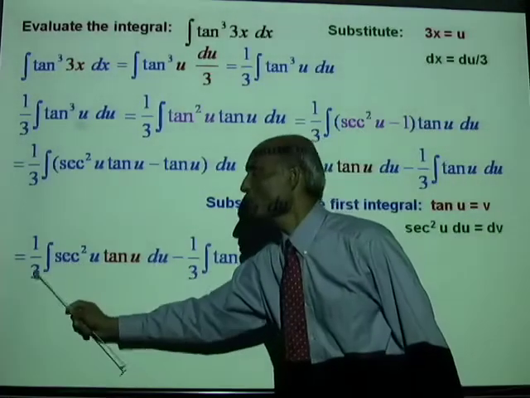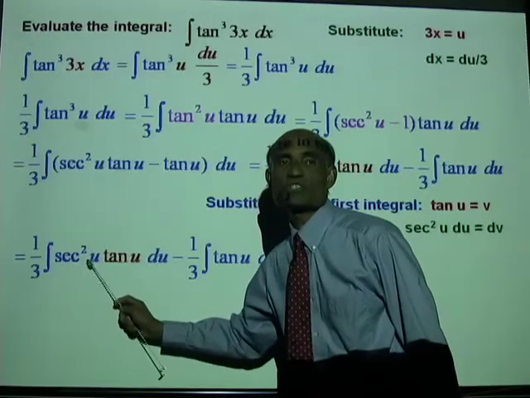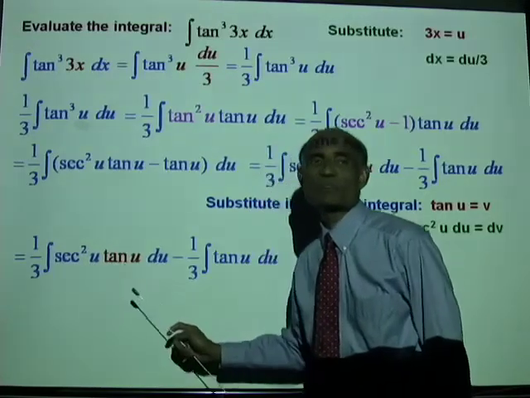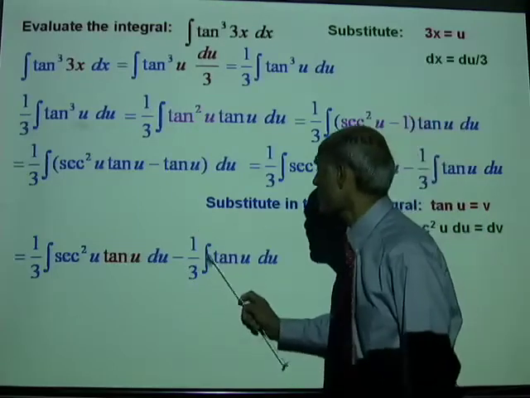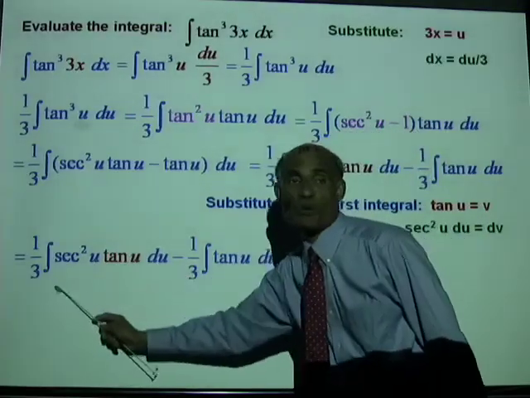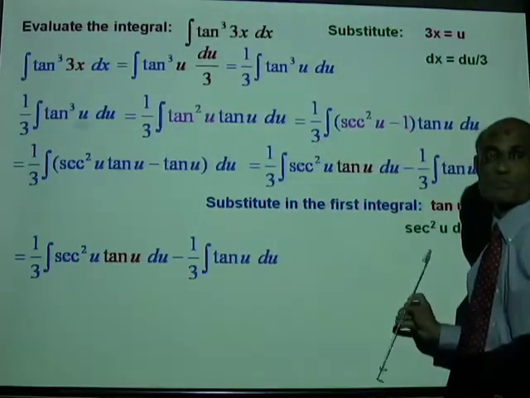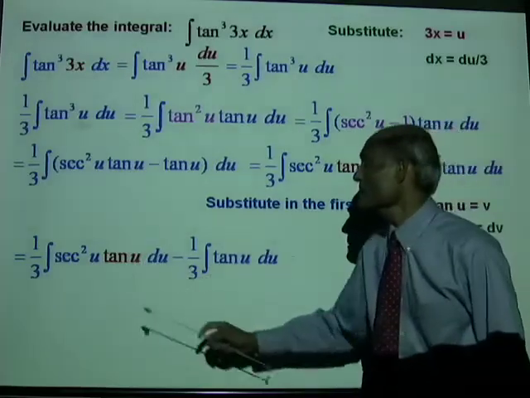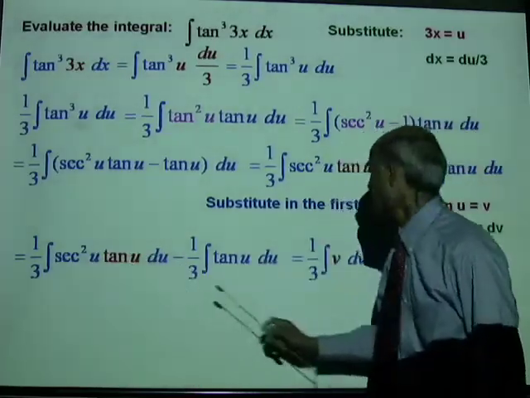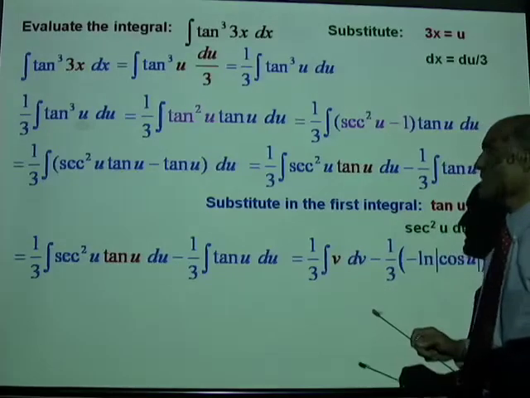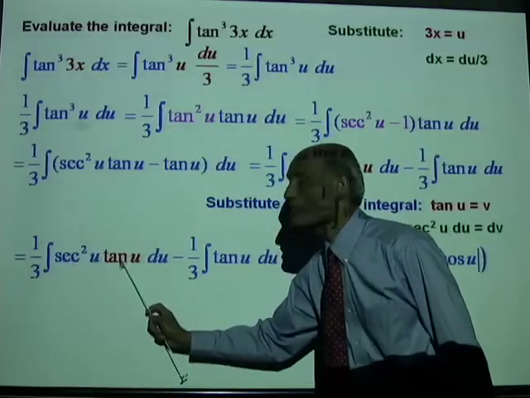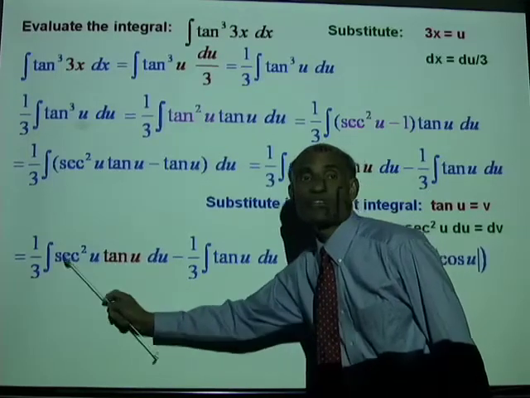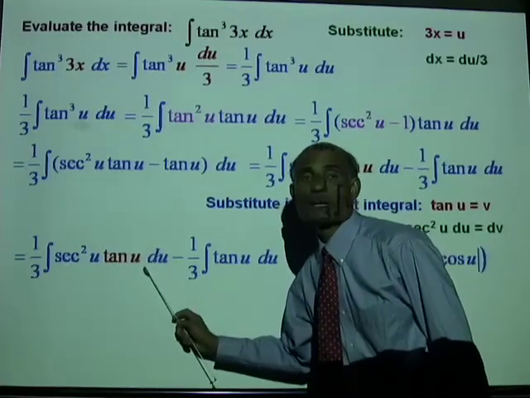So we have 1/3 integral of secant squared u tan u du minus 1/3 integral of tan u du. This is the one we can do with that substitution. What does that become now? That will be 1/3 of v dv. Is that right? We have tan u equal to v, then secant squared u du becomes dv.